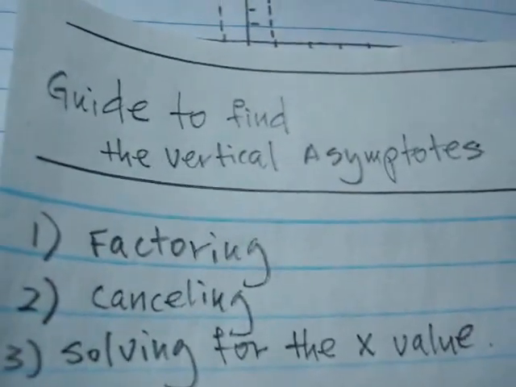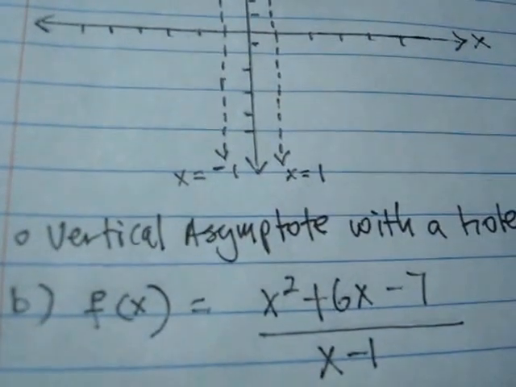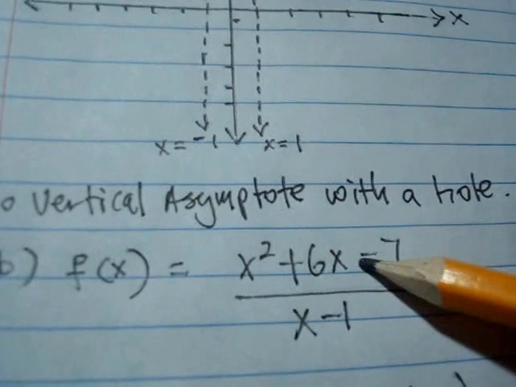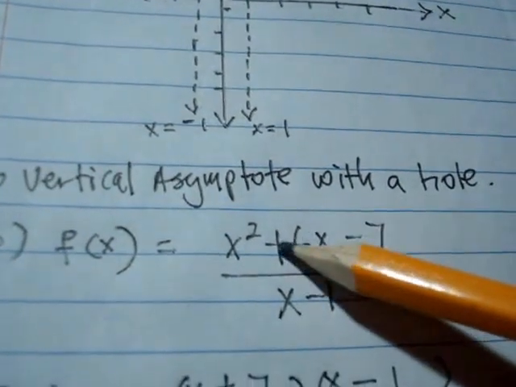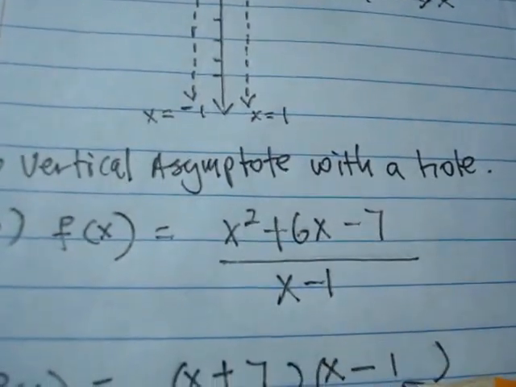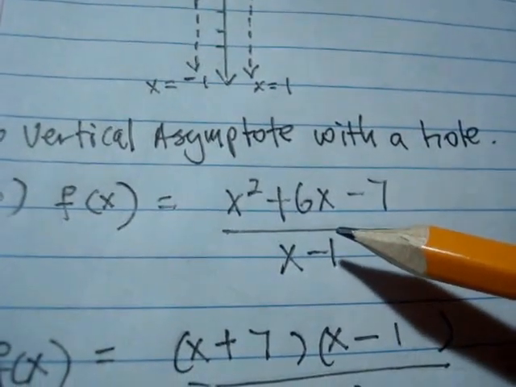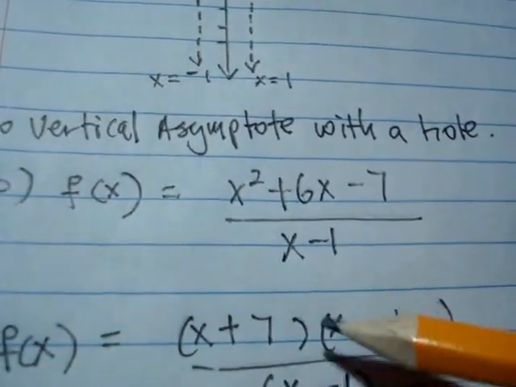So let's start with the first step, factoring. On the numerator, when you factor this polynomial, it will become like this. As for the denominator, there's nothing you can factor, so it stays the same.